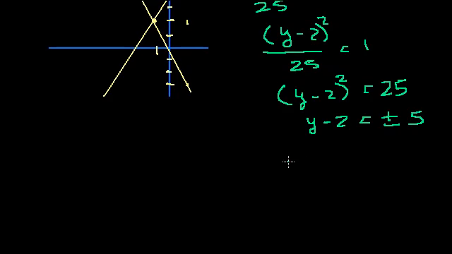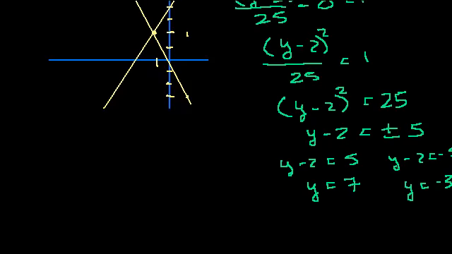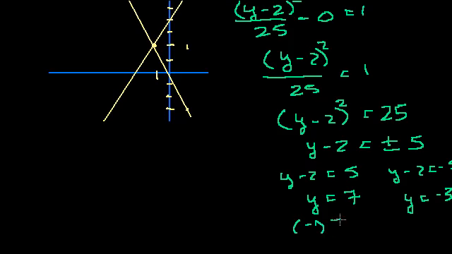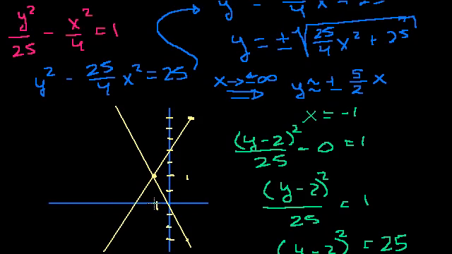So y minus 2 is equal to positive 5, or y minus 2 is equal to minus 5. Add 2 to both sides, you get y is equal to 7, or y is equal to minus 3. So we know that the points minus 1, 7 and minus 1, minus 3 are both on this graph. Minus 1, that's here, 1, 2, 3, 4, 5, 6, 7. Minus 1, 7, and minus 1, 1, 2, 3 are both on this graph.